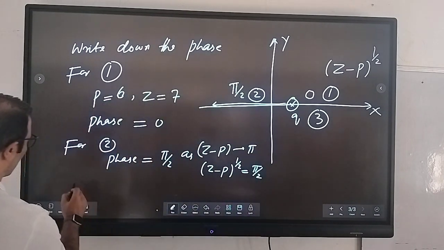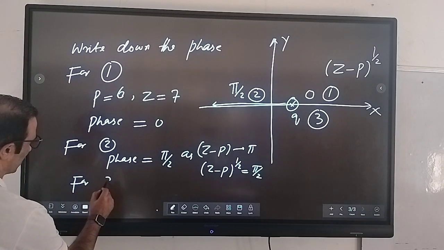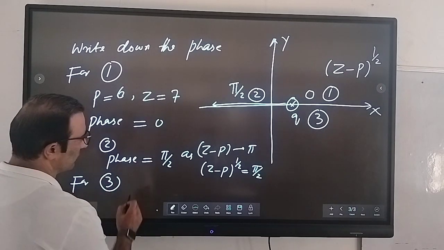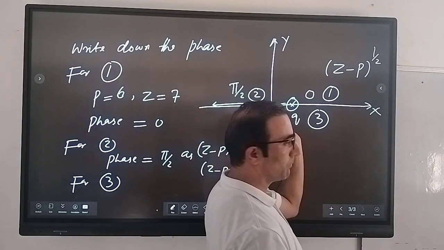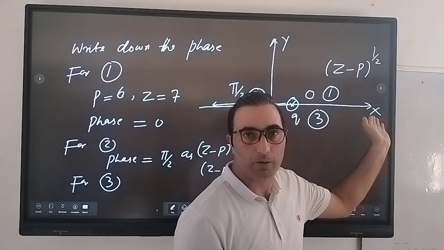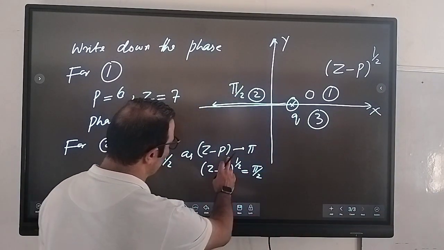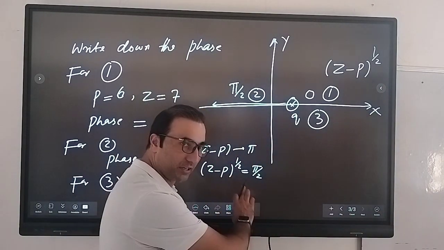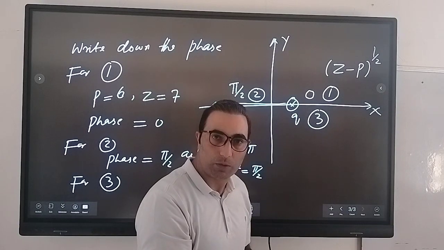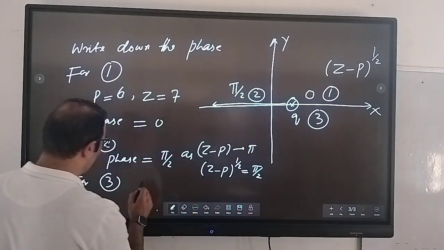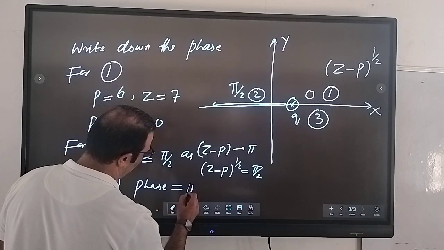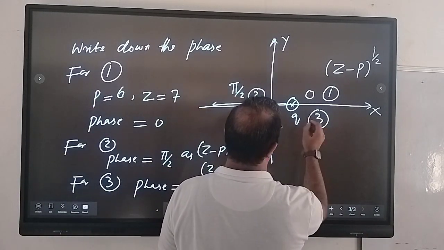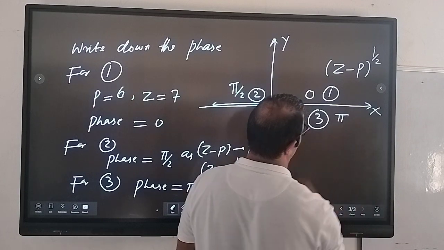And similarly for the third region, because it will go from pi to 2 pi, it is changing to 2 pi now. So when it changes to 2 pi, (z minus p) raised to the power 1 by 2 will be 2 pi divided by 2, so it will be pi. So in the third case, our phase will be pi, right?